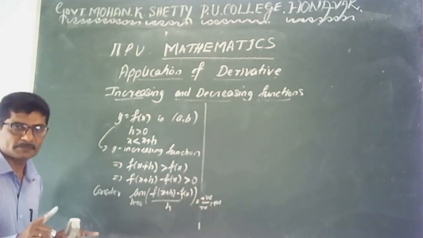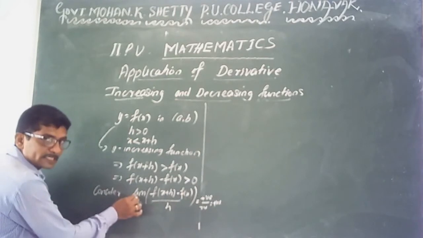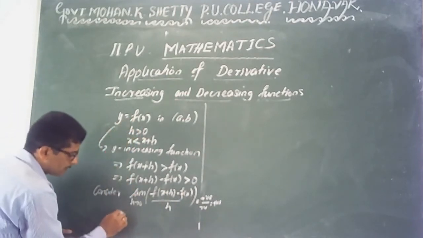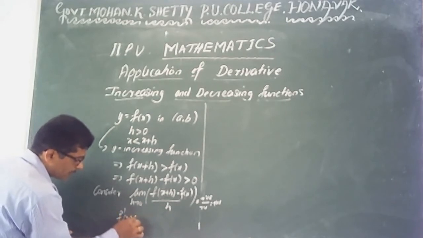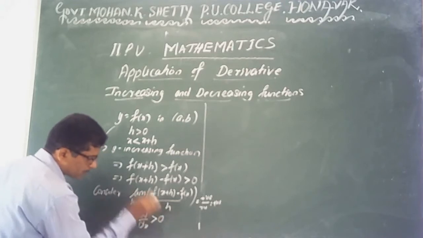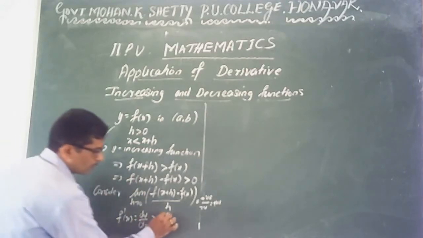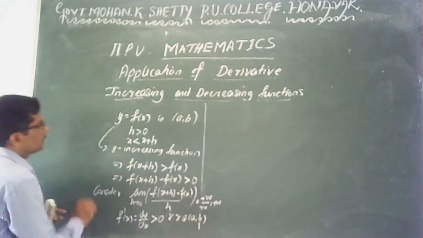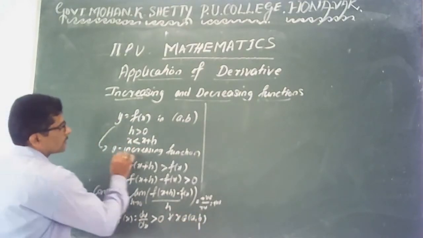It is clear? This is exactly the definition of derivative, differentiation of y with respect to x. It means f dash x, or write dy upon dx. This value is always positive, greater than 0 for each x belonging to the interval a to b. Then you say that this function is an increasing function.